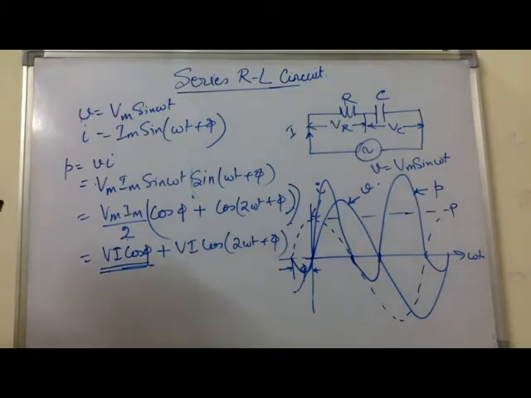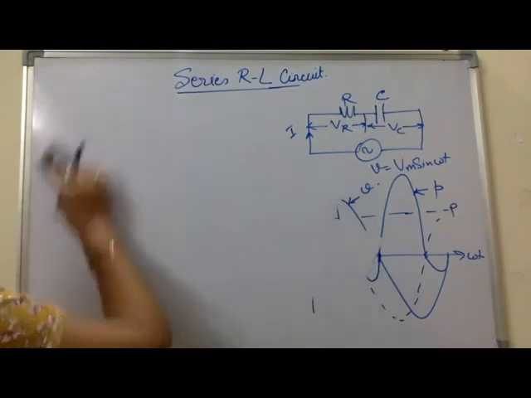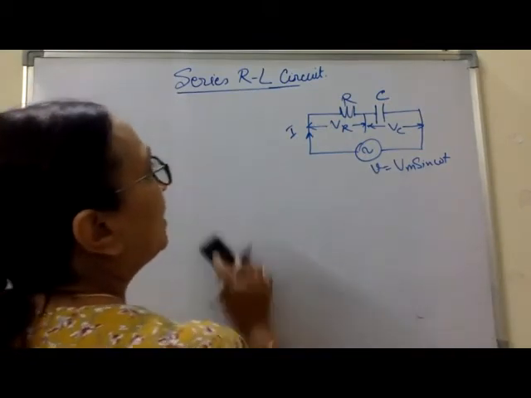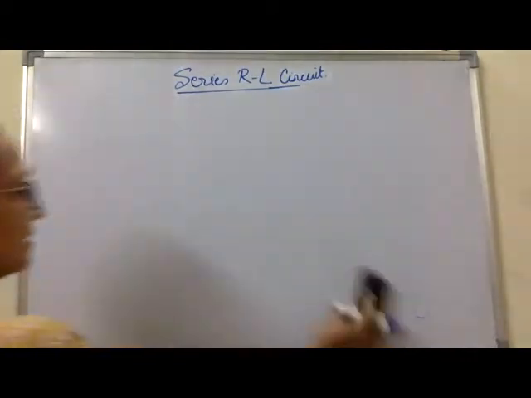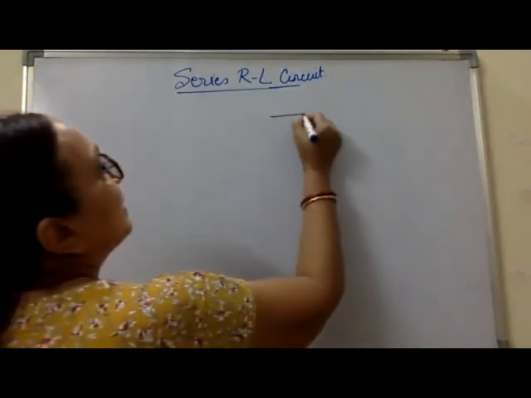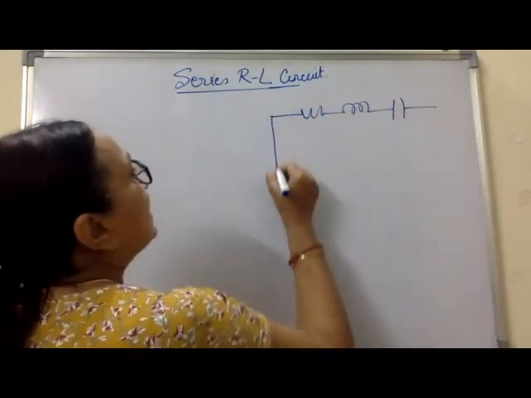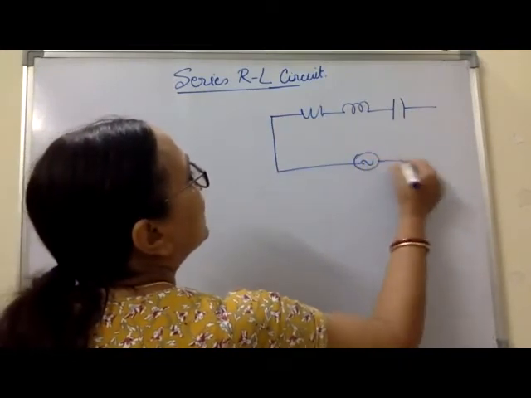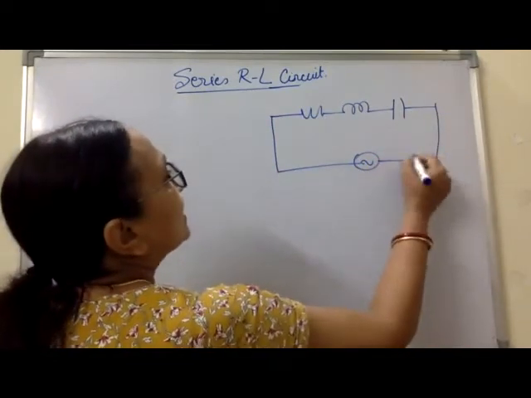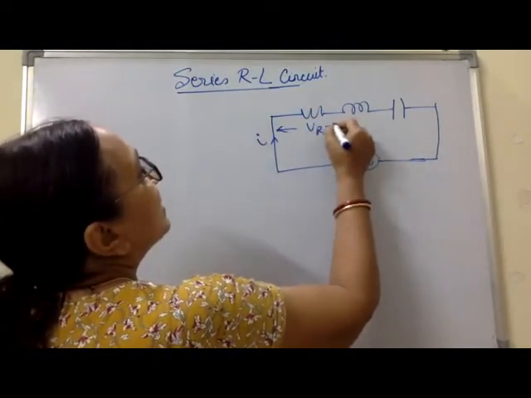We covered the voltage triangle, the current triangle, the equivalent impedance of the given circuit, and the angle of the impedance. Now the last in the series circuits is the series RLC circuit. If you have R, L and C all connected in series, what will be the final resultant impedance?